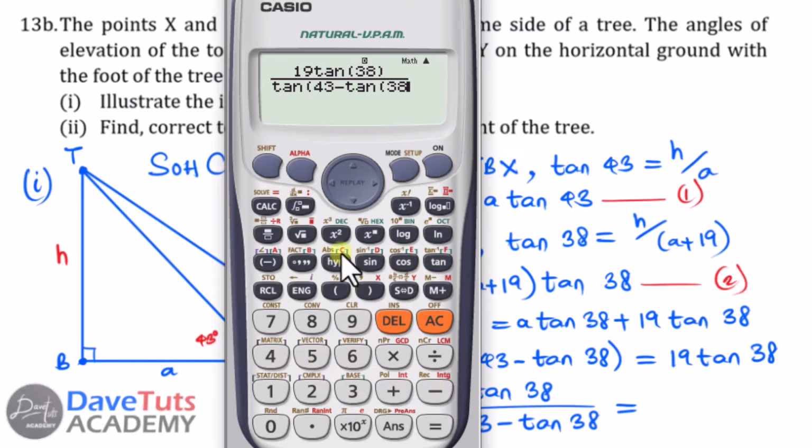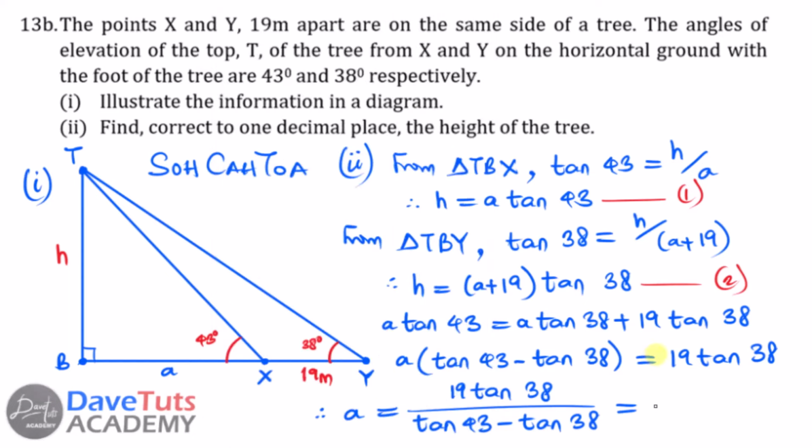Let me make sure that I close this bracket so that it's not associating the second tan with the first tan 43. So what is that? 98.1583 meters. But nobody asks us to find a.